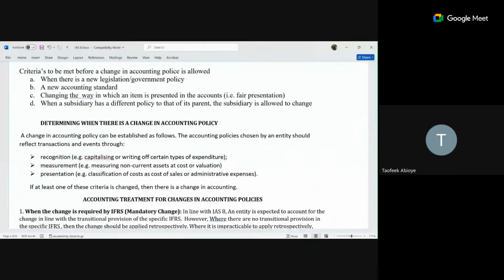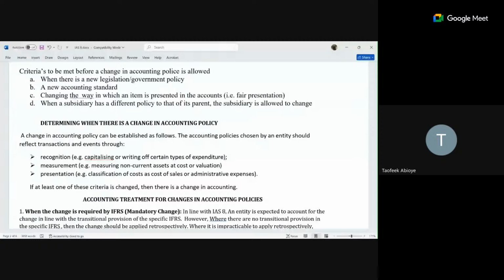Like we have interest expense. There are some interest expenses that we can capitalize, like borrowing costs. An example is a situation whereby an organization has been expensing the interest costs incurred on a qualifying capital expenditure, but now they are trying to capitalize it, to add it to the value of their assets. So that is in the form of recognition.